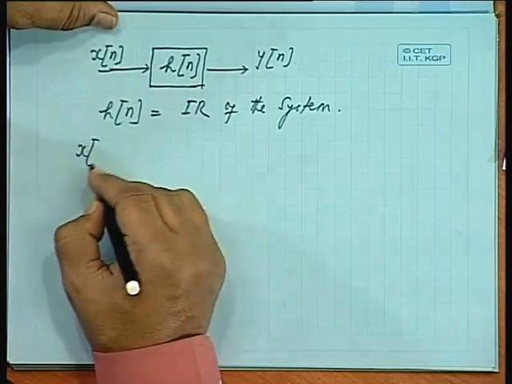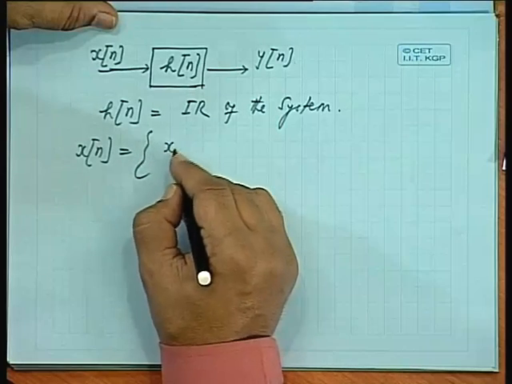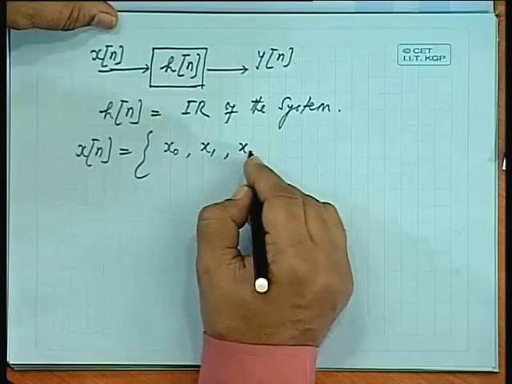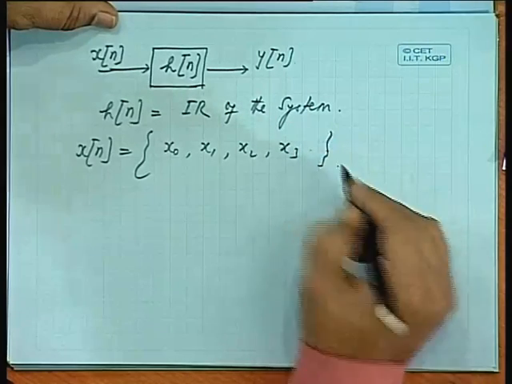Now, x[n] I can write as x0, x1, x2, x3 and so on, supposing it is a finite sequence like this.